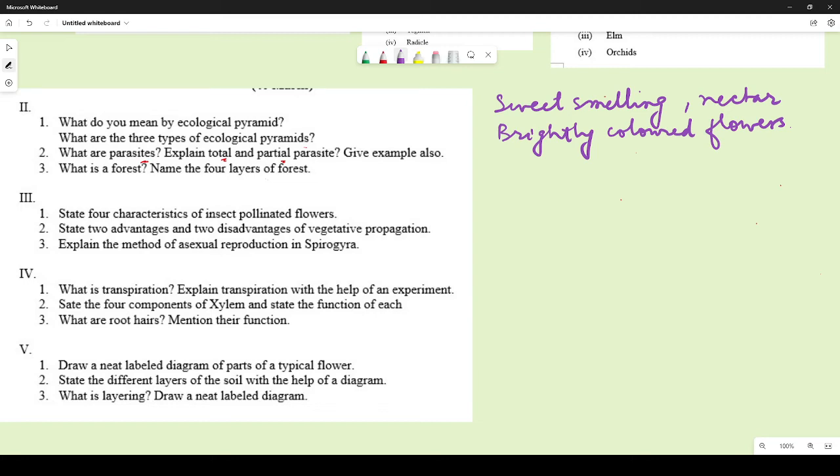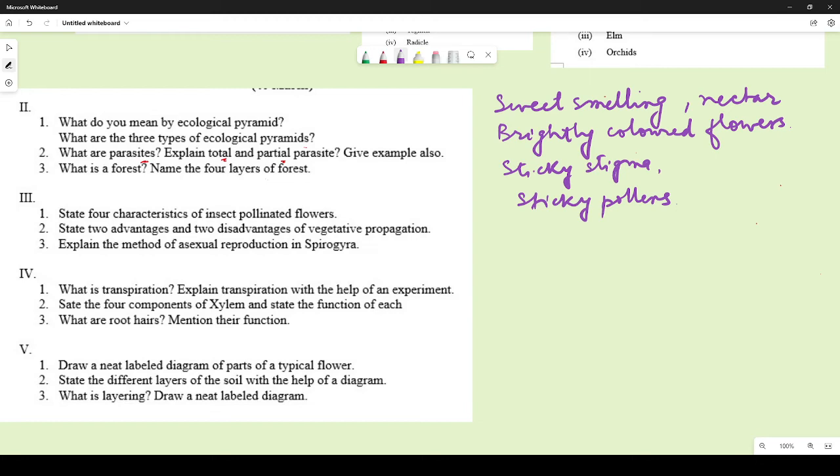And then they have sticky stigma and sticky pollen as well. They need their pollen to be sticky so that it can stick very easily to the body of the insects, and a sticky stigma so that when the pollen is transferred, it can stick easily to the stigma. So those are the characteristics of insect pollinated flowers.